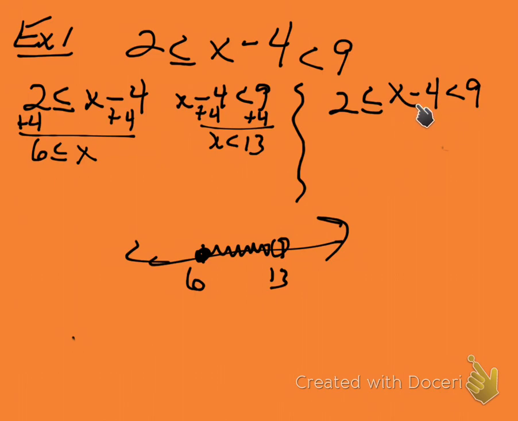We've always said everything you do to one side, you have to do to the other side, right? Well, what if you have a three-sided inequality like this? Whoa. So we're going to add 4, not just to one side, but to the other two sides, because you have a three-sided inequality here. 6 less than or equal to x less than 13.